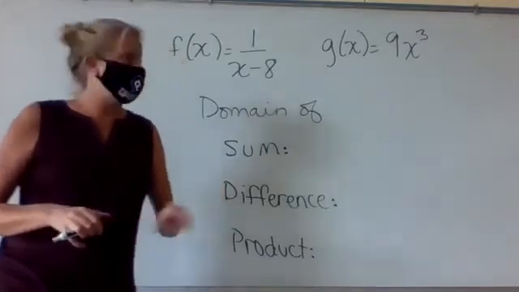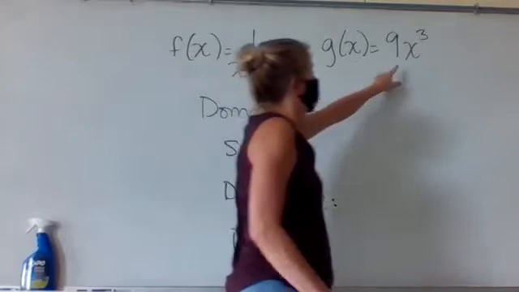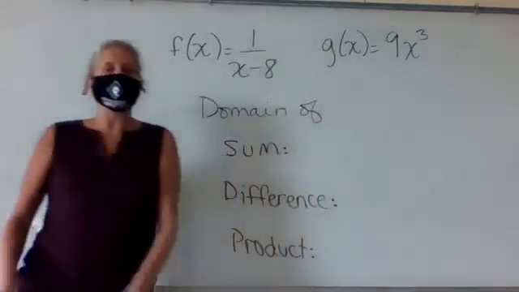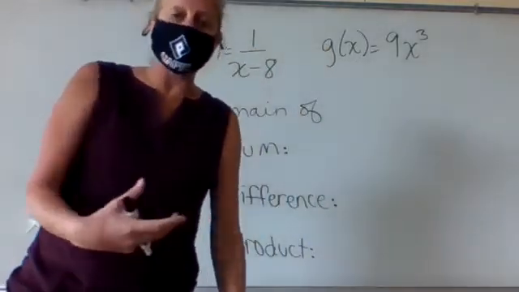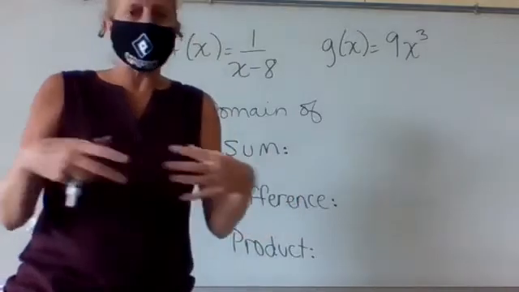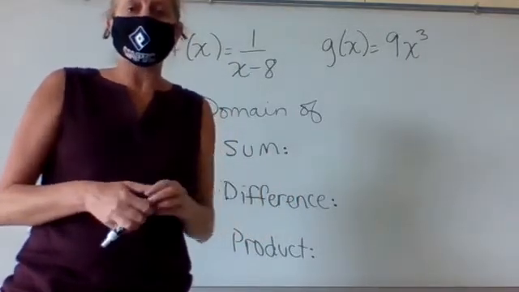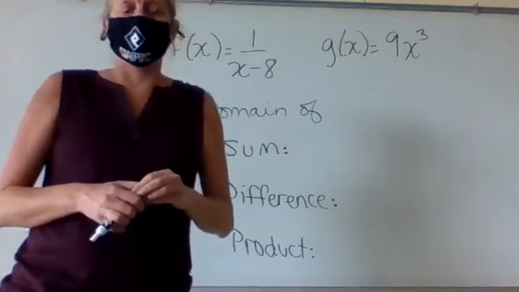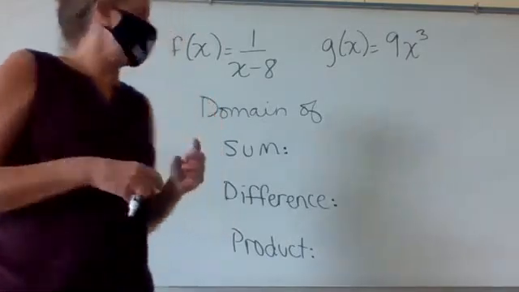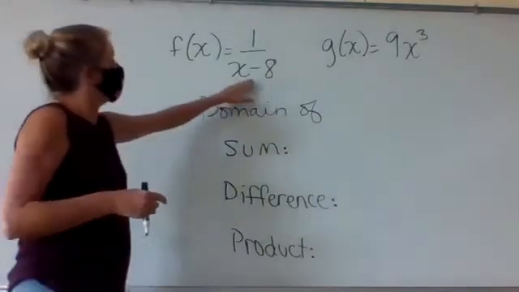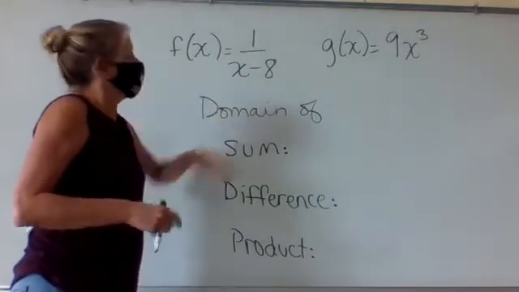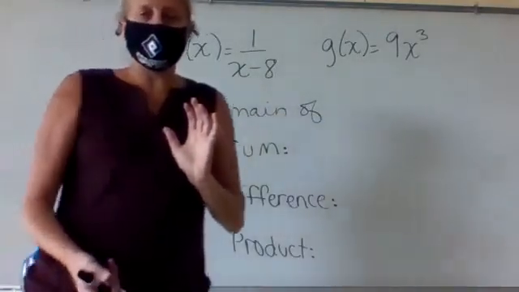Well, if I'm adding these 2 functions together, that would mean I would have to get a least common denominator and all this mess. The hardest part of that would be to add those 2 things together. But it doesn't matter, if you start off with this denominator, that's going to be the denominator of your answer.